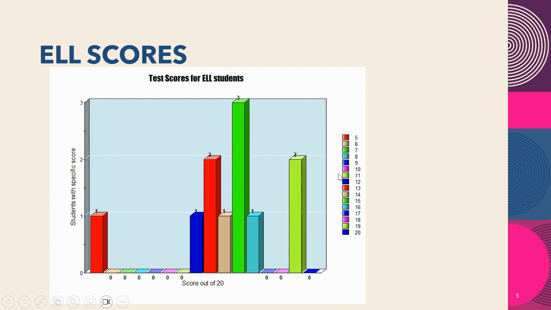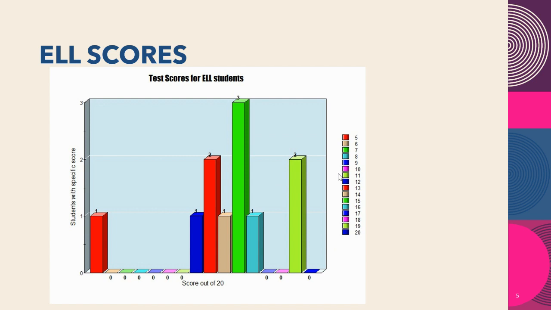I did want to look at this, just for the pure fact that I teach at a district that has a large number of English language learners. In this class of 24, there are 11, so almost half the class is classified as an English language learner, and what those scores looked like.